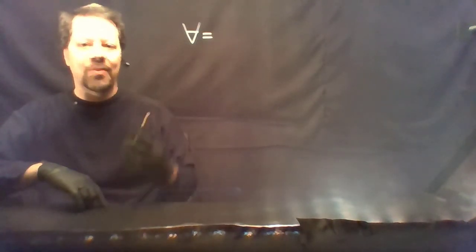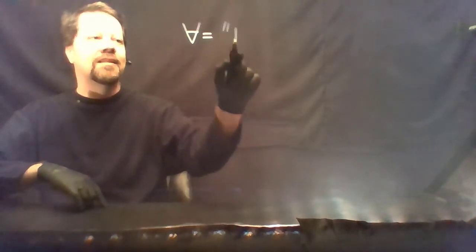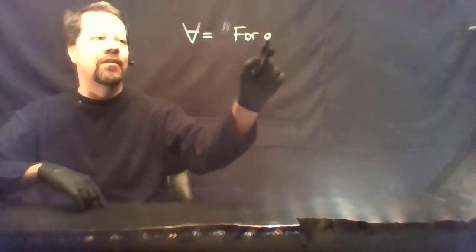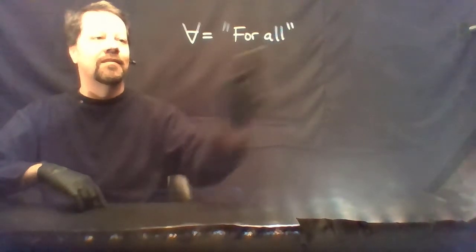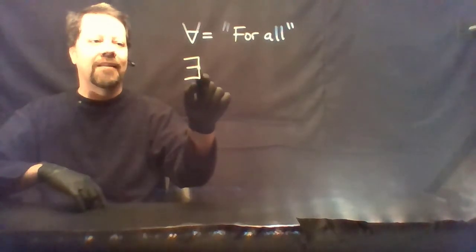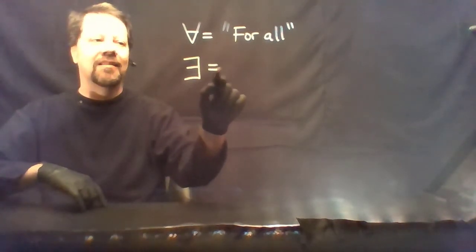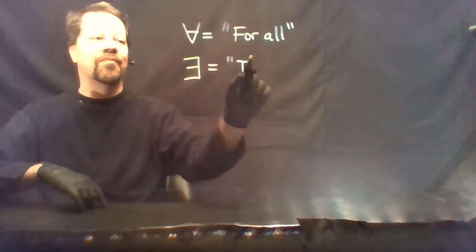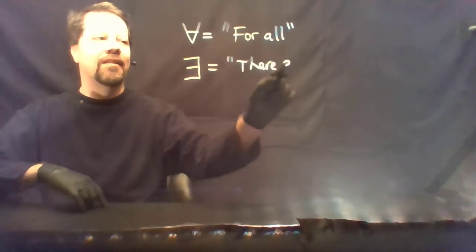An upside down capital A is one of two logical quantifiers. It stands for the phrase for all. The second logical quantifier is a backwards capital E and stands for there exists.